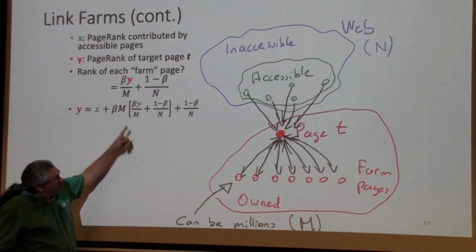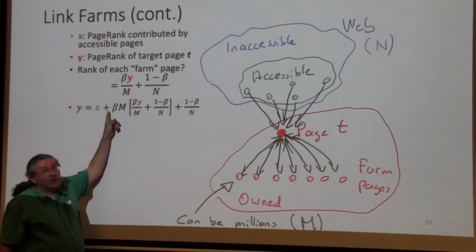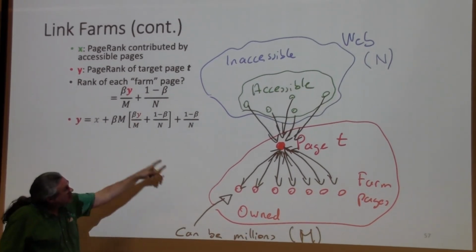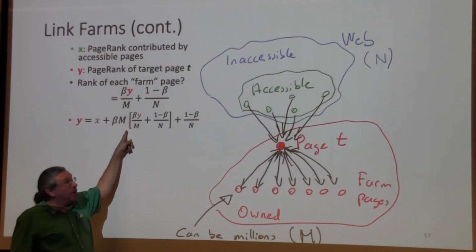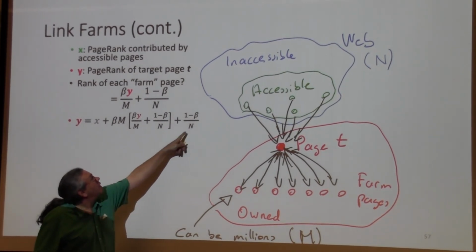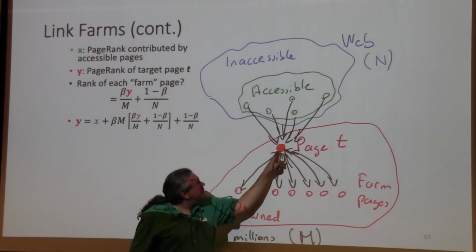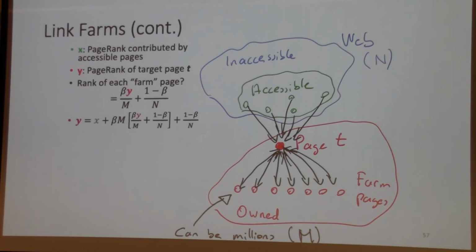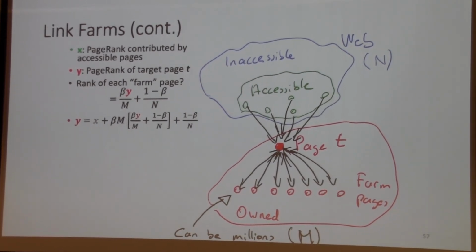So there's m farm pages, big M, and the random walk multiplied by beta. So it's beta times m times the rank of the farm page, plus, of course, the 1 minus beta over n for teleports. See that? You understand that formula? It's just the formula that I apply on y.